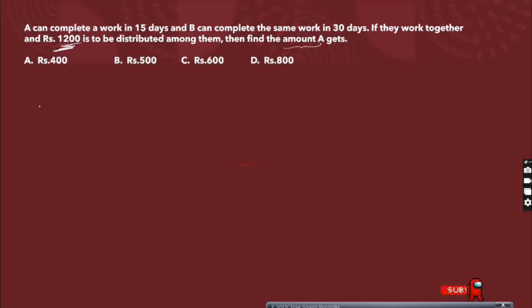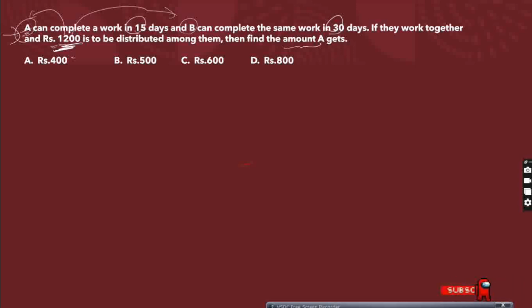They are telling that A can complete the work in 15 days and B can complete the same work in 30 days, and that 1200 is distributed among A and B, and now they are asking to find A's salary.